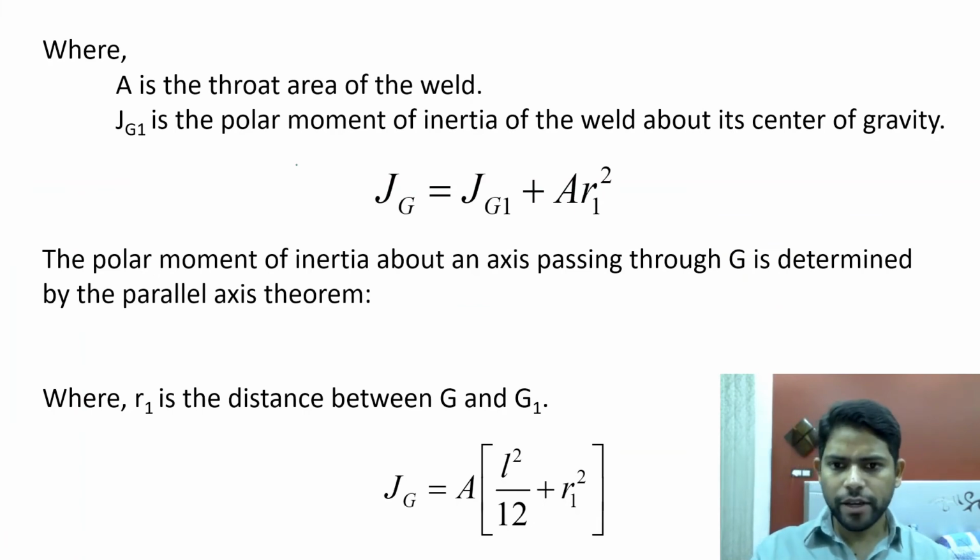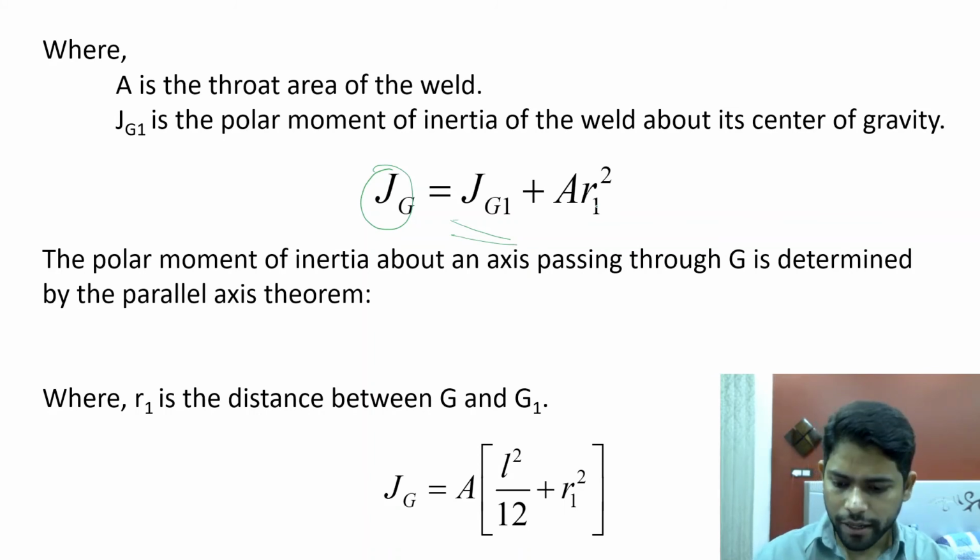So in order to calculate the overall polar moment of inertia about the center of gravity of all the welds, you are going to use the parallel axis theorem, which says that the polar moment of inertia of the first weld plus the area of that weld multiplied by the distance of the weld from the centroidal point or the center of gravity of all the welds.